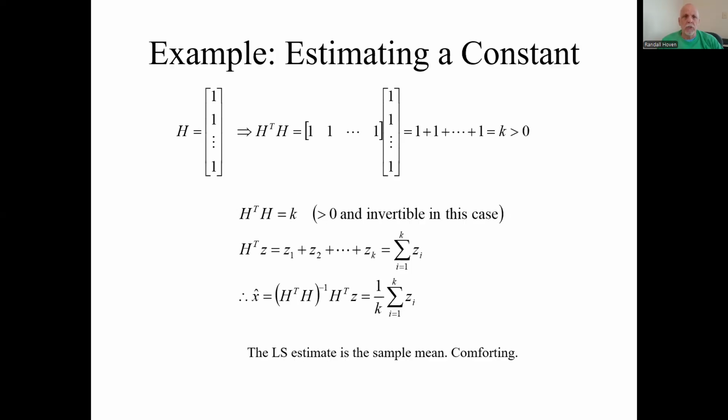Let me quickly go over the example that we had where we're just estimating a constant. Here was the H. H transpose H is then all ones times all ones, which is a sum of ones up to K. That's how many measurements we took. So it's just a number. In this case, the Hessian is just a number, and it's strictly positive, so it has an inverse.